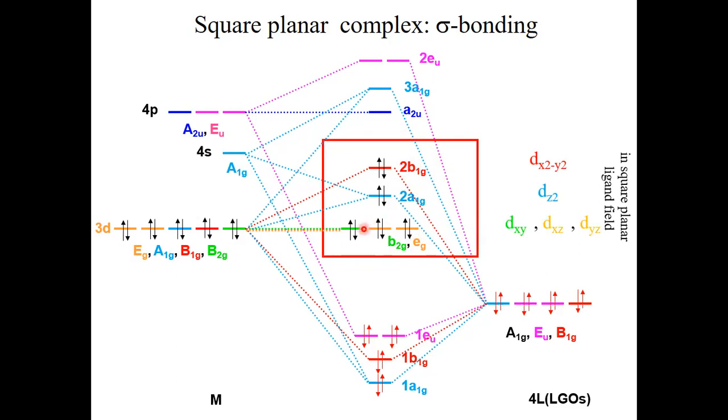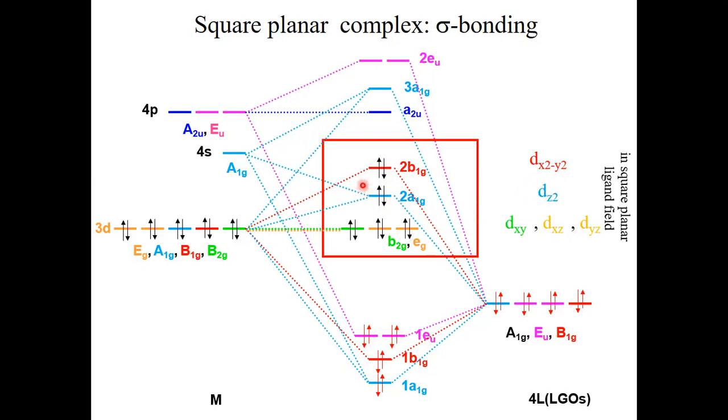Okay, so these 3 orbitals would really be exactly non-bonding and would represent the dxy, the dxz, and the dyz. This molecular orbital here would represent the dz square in the square planar ligand field.